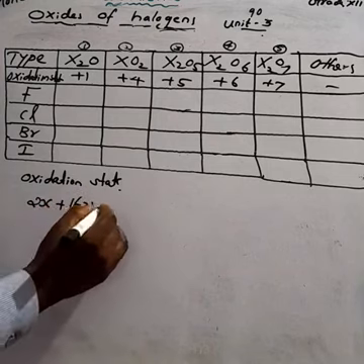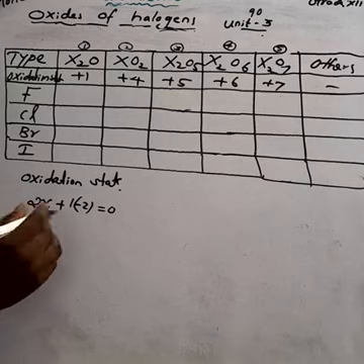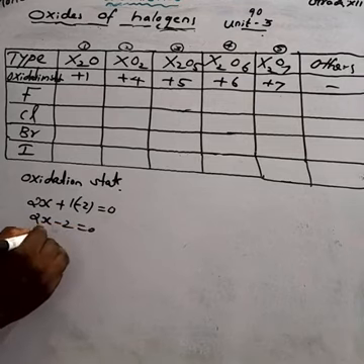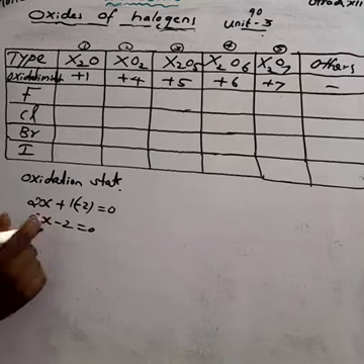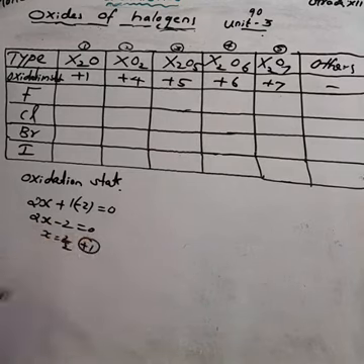Don't forget that, it's always -2. So, 2X plus 1 into -2 equal to 0. 2X minus 2 equal to 0. X is equal to 2 by 2, which is 1. Plus 1 oxidation state.